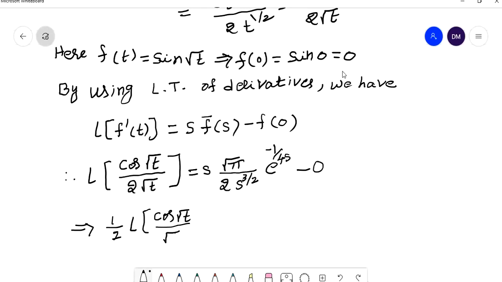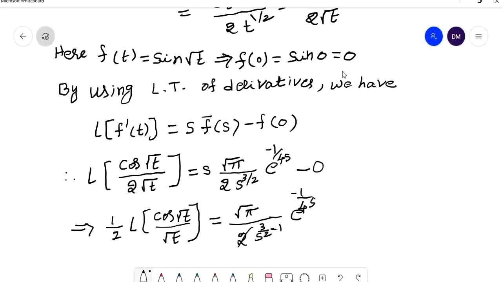L of cos root t by root t is equal to root pi by 2 into, here s power 3 by 2 is there. A power m by a power n can be written as a power n minus m, so I can write this as s power 3 by 2 minus 1 into e power minus 1 by 4s.